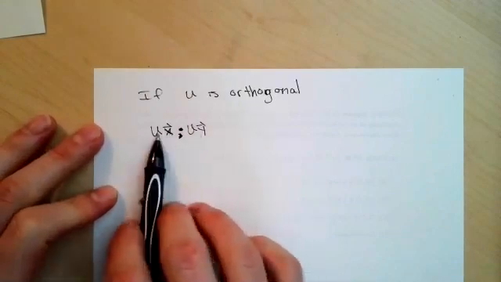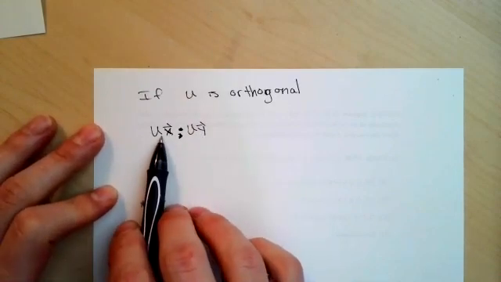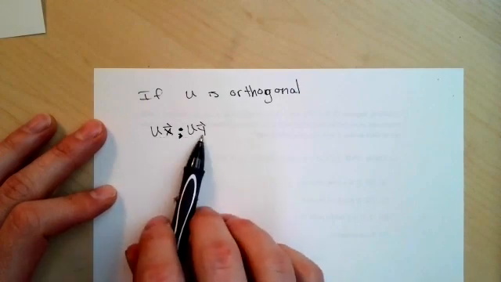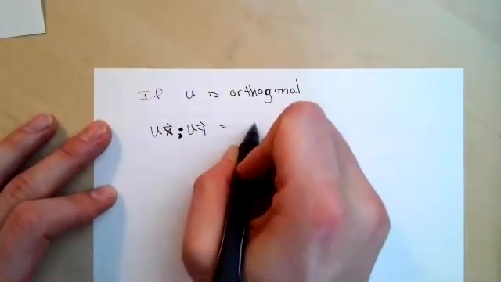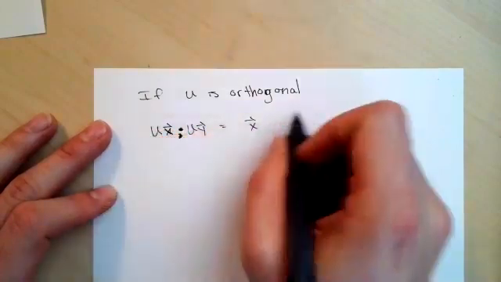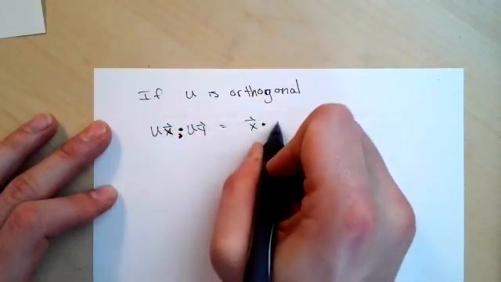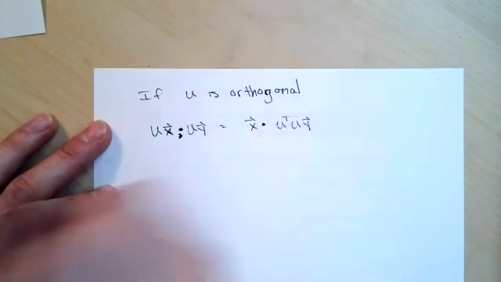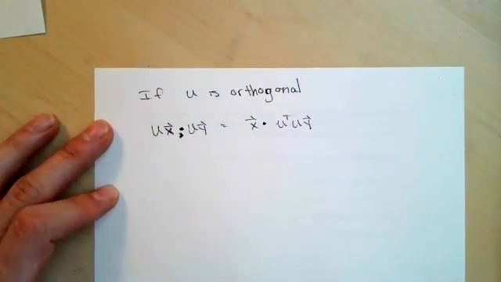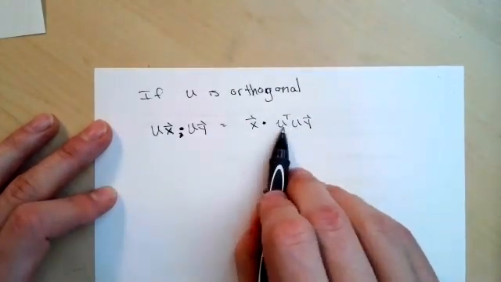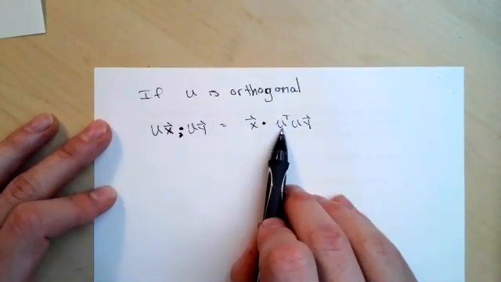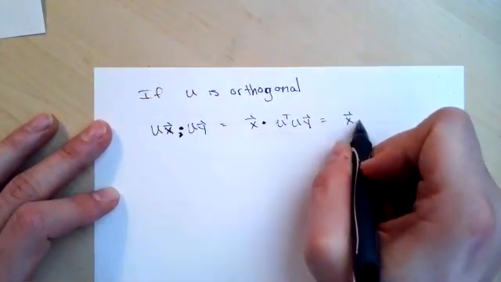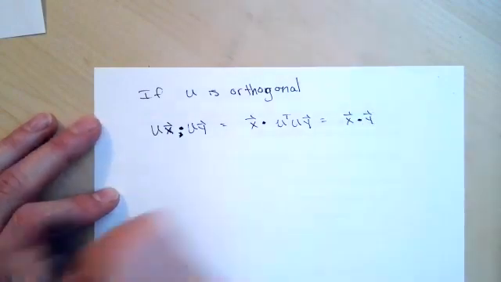And now if I hit both of those vectors with the transformation defined by U and take the inner product, well, by what we just showed, it's the same as if I move one of those U's onto the other side of the inner product. But by the special property of orthogonal matrices, this U transpose U is just the identity, meaning that we get the same inner product.